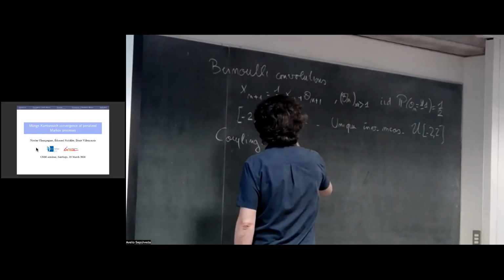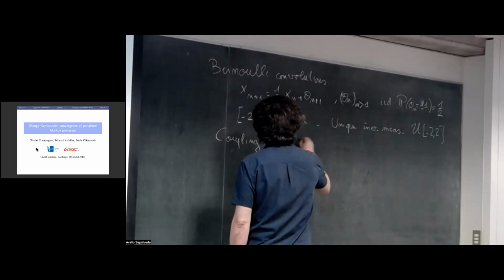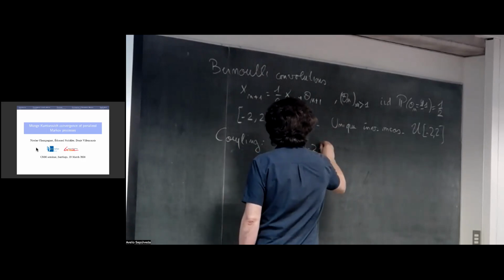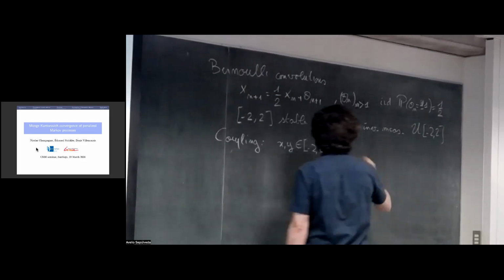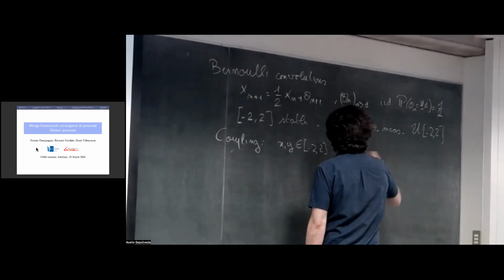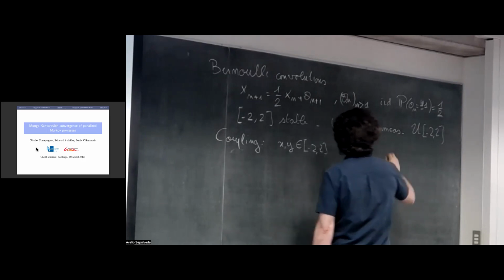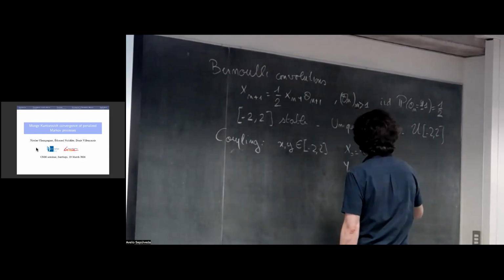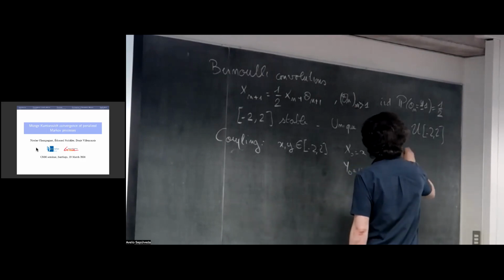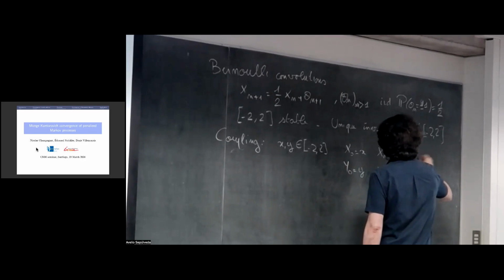You take x and y two initial conditions, and then you set X0 equals x, Y0 equals y, and you construct the two chains, Yn and Xn, using the same sequence theta n.